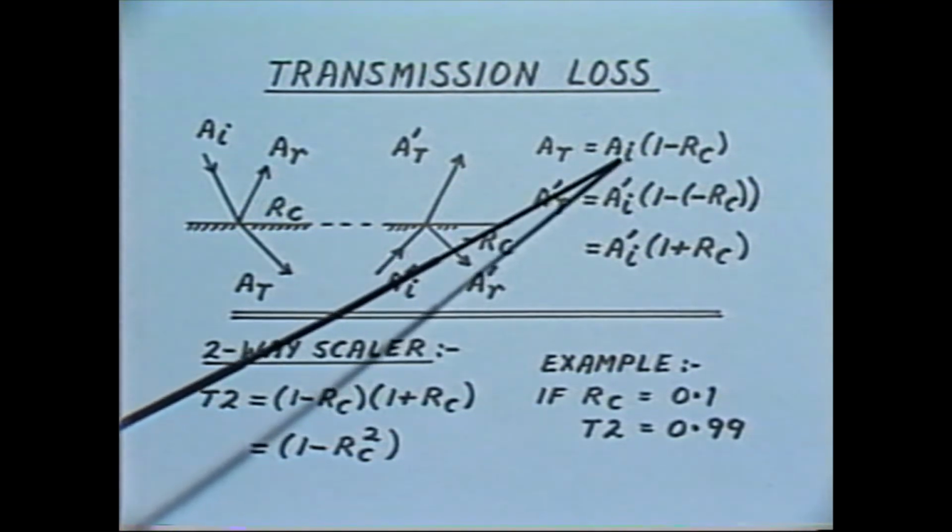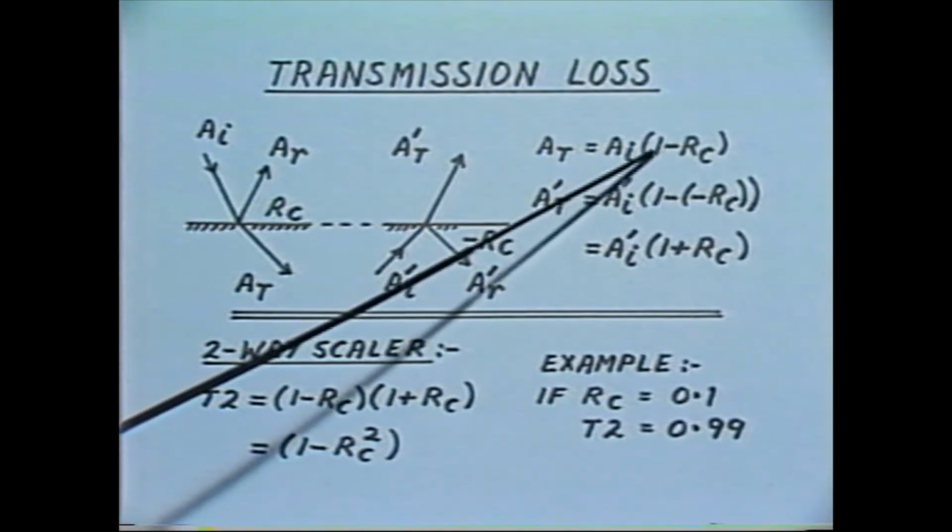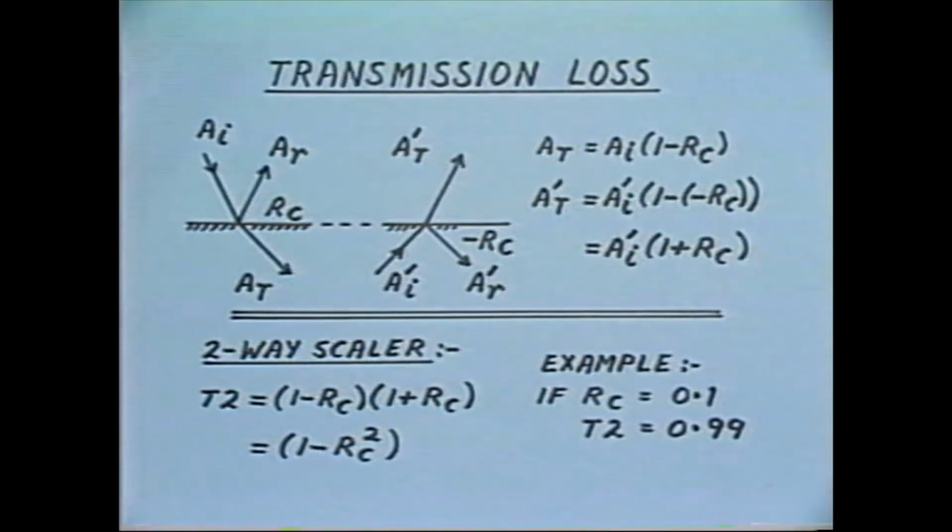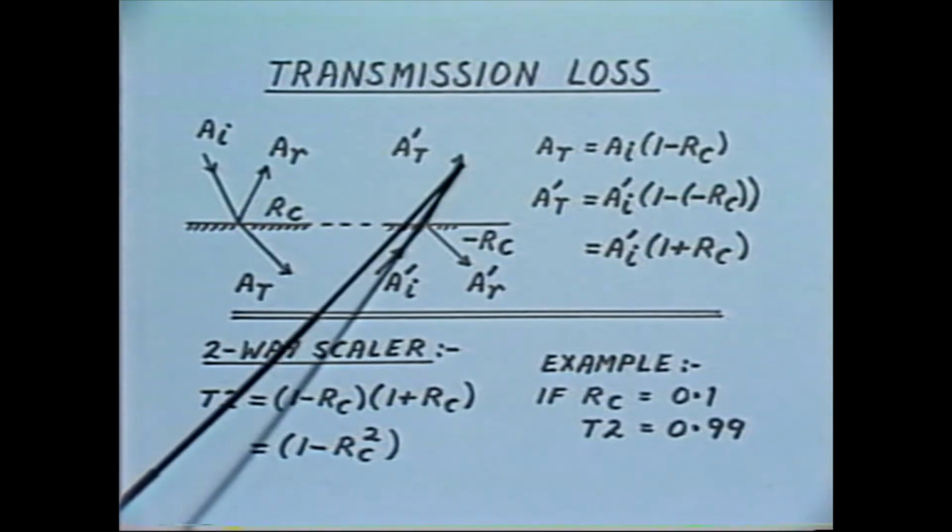It's equal to the amplitude of the incident ray multiplied by 1 minus the reflection coefficient. Now, of course, any ray path has to travel 2 ways through the interface. This would be for a primary ray path, once going down and once as it travels back.